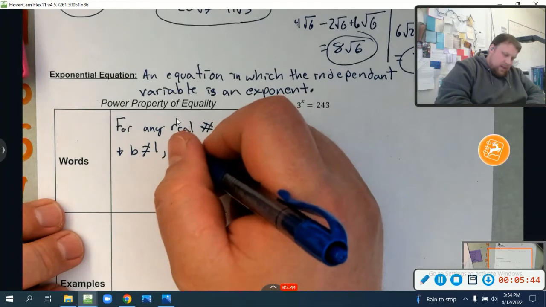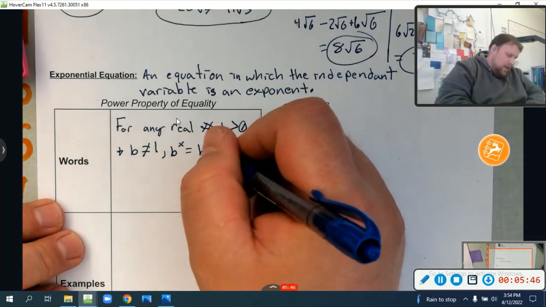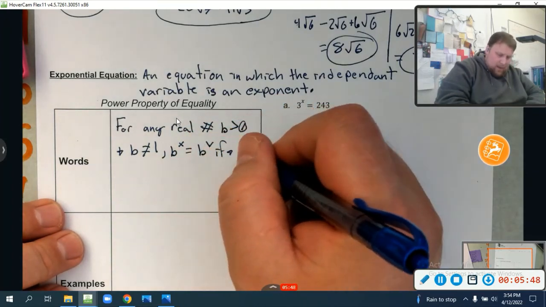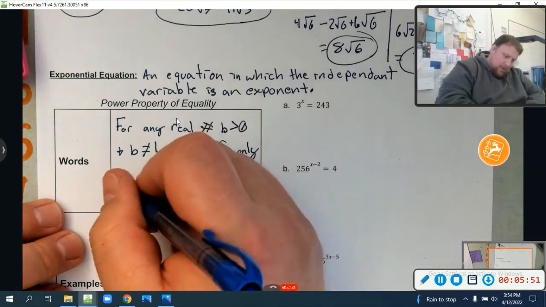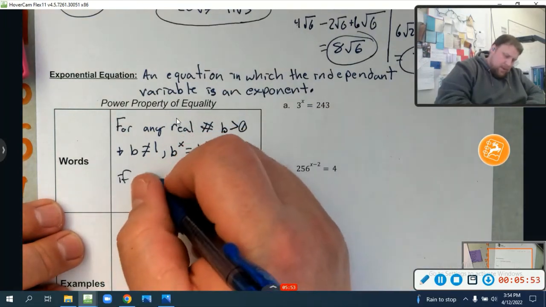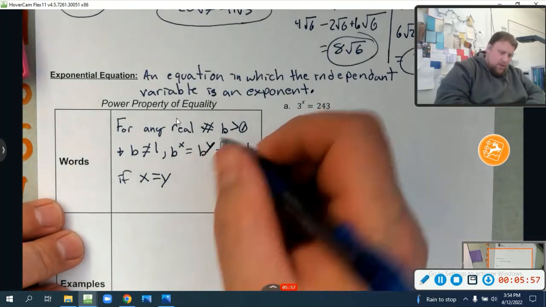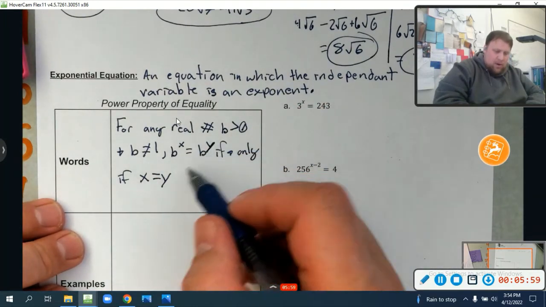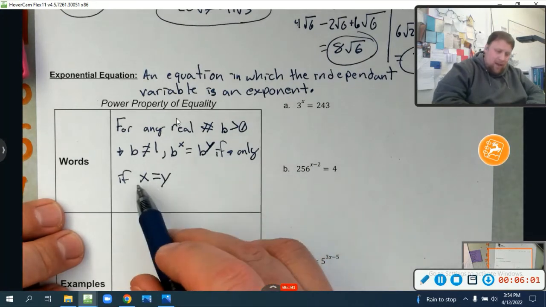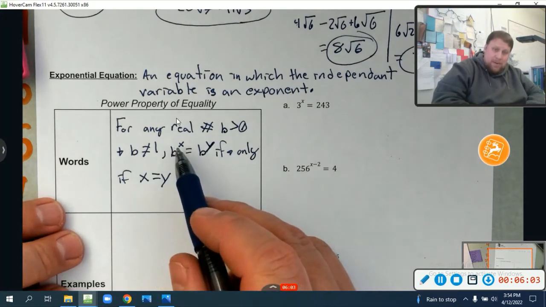Then b to the x equals b to the y if and only if x equals y. That means it's true forwards and backwards. So in other words, if b to the x equals b to the y, then x equals y. And if x equals y, then we can say that b to the x equals b to the y.